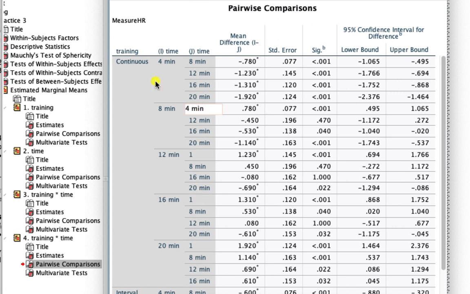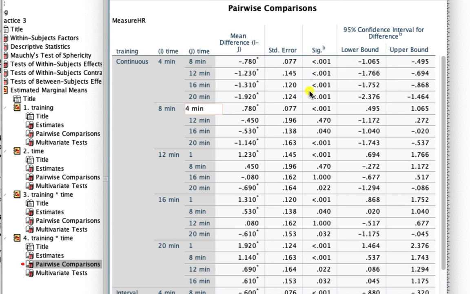Okay. So when I look at the significant differences between my time points in the continuous training, let's start just looking at the differences of time points in comparison to 4 minutes.